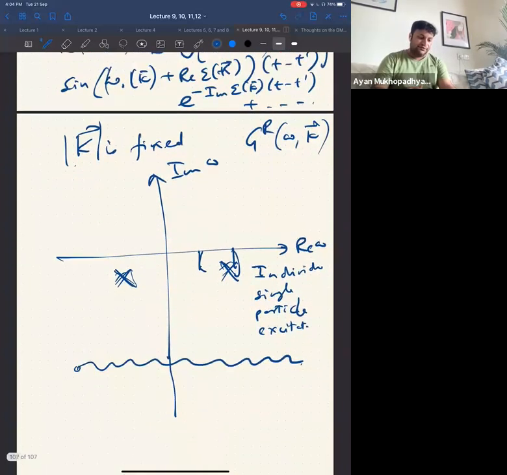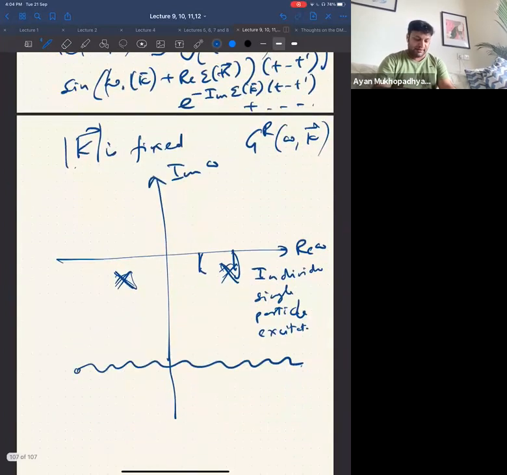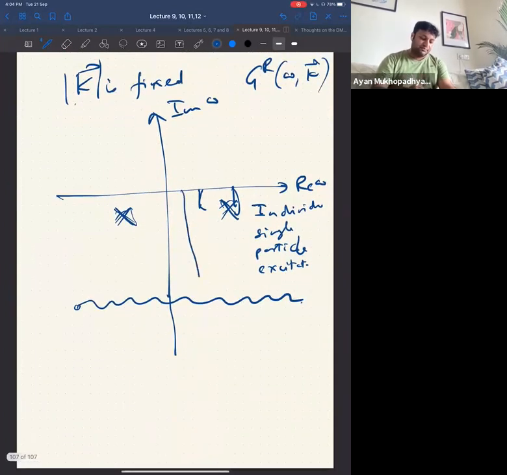Essentially, if I go to very large times, only these single particle like contributions are important. If the branch cuts are moved far down, the further down you move in the imaginary axis, the more damping they will give you.